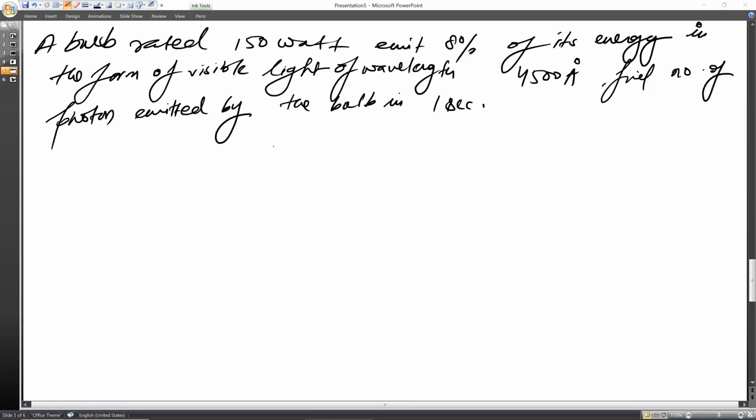So let's check. Energy is equal to number of photons into E, and E means the energy of each photon we are talking about. So here it is 150 watt, so the energy emitted per second will be 150 into 8% of this one. The 8% energy is visible, and the wavelength is given to you in angstrom, so use the formula of angstrom and joules.